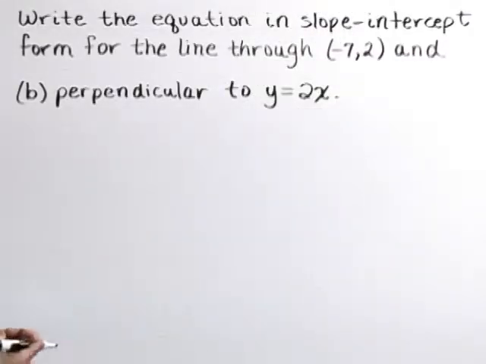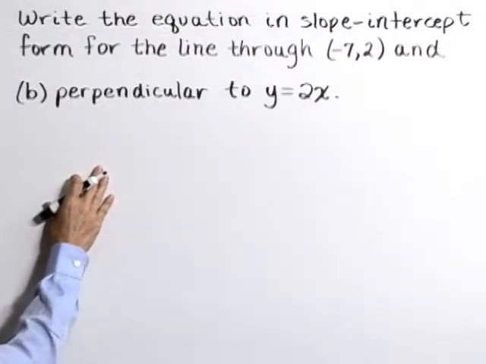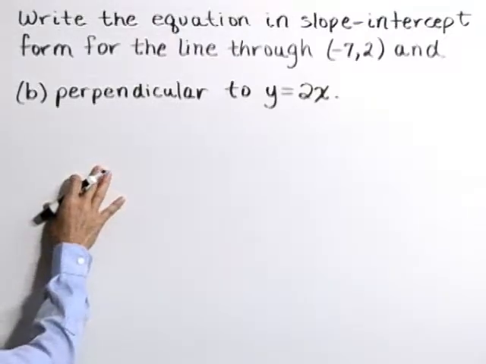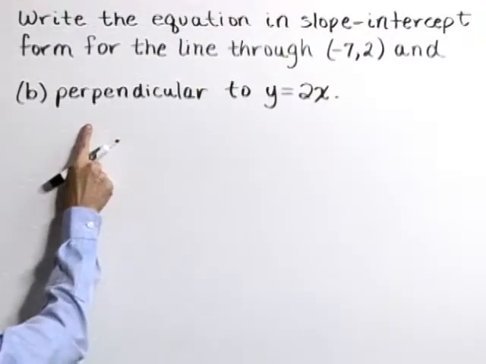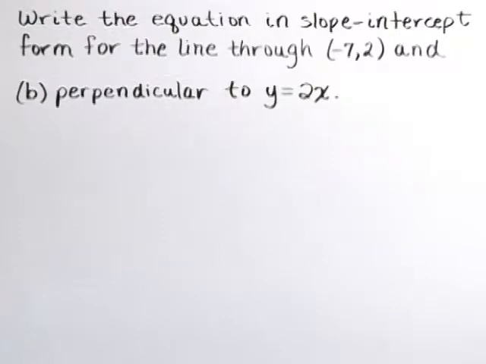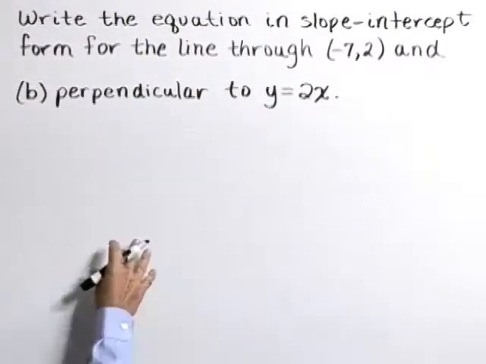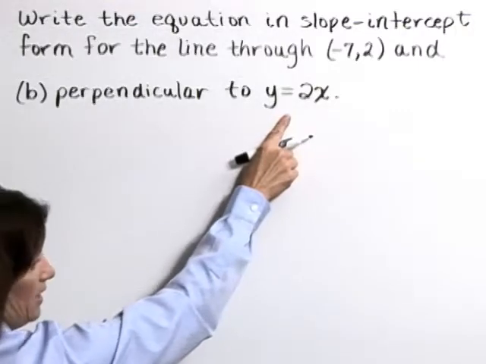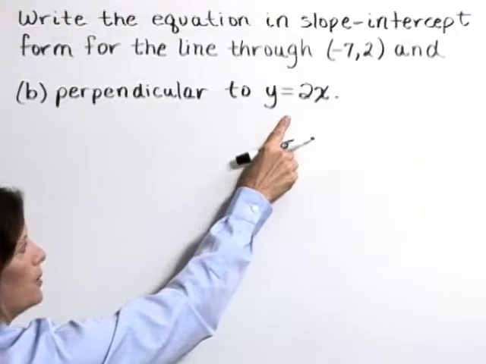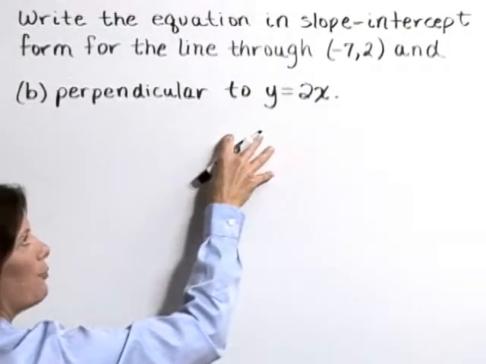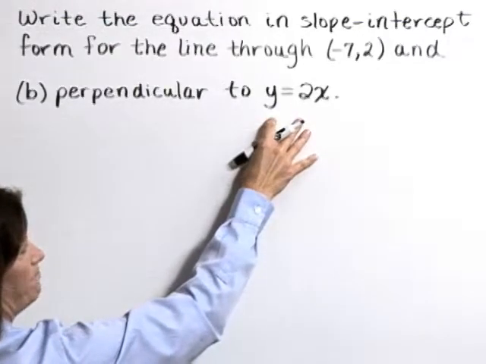Now for part B, we wish to write the equation in slope-intercept form for the line through -7, 2 and perpendicular to the line y is equal to 2x. Now, if our line is perpendicular to this line, then its slope will be the negative reciprocal of the slope of this line.